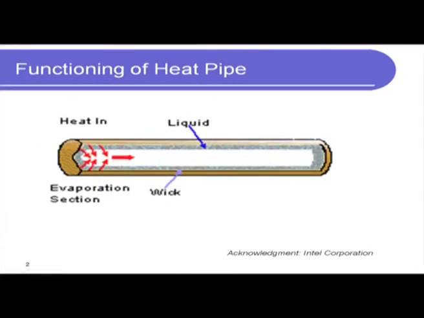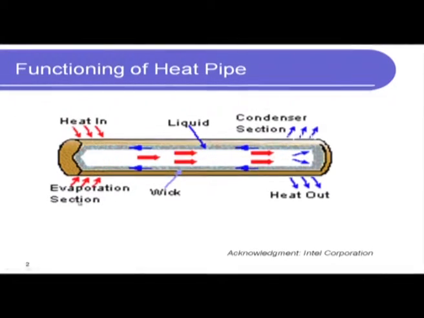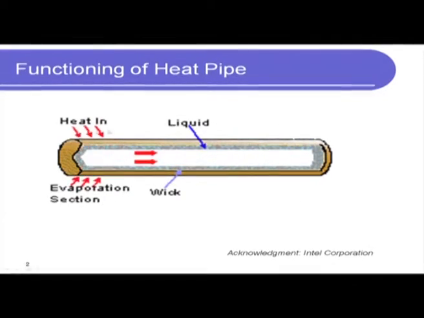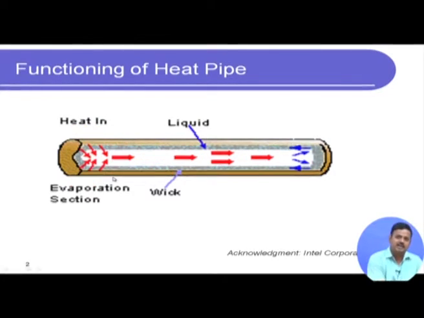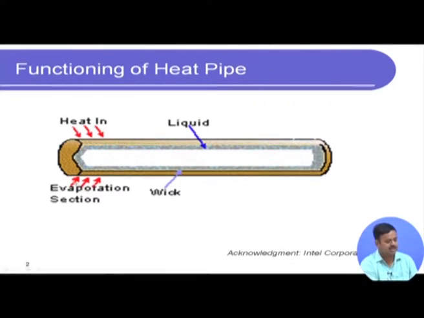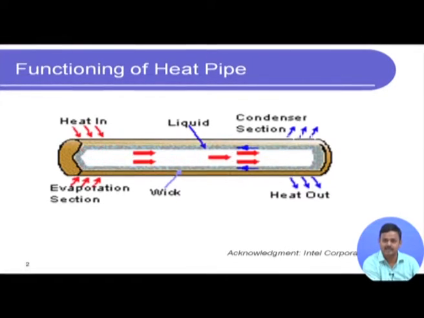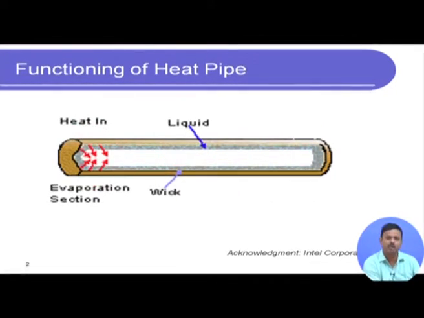All right. So, a few terminologies to end this slide with: the end at which we are supplying heat is known as the evaporator end or evaporator section. Why evaporator section?